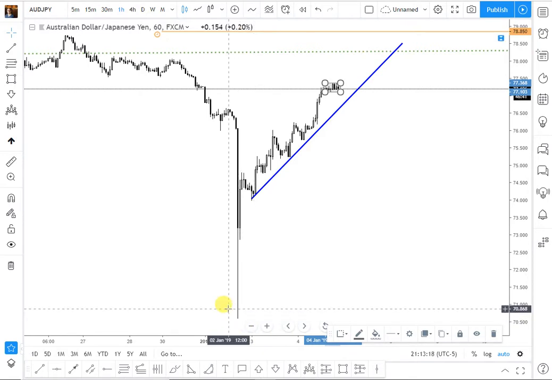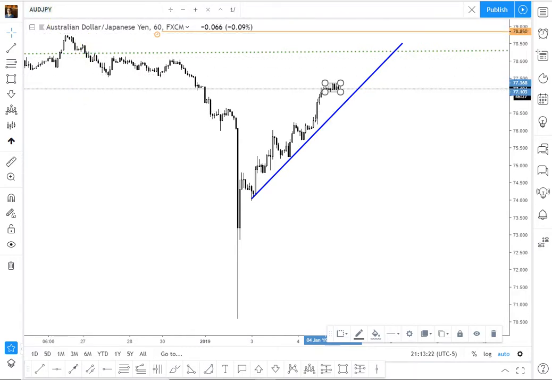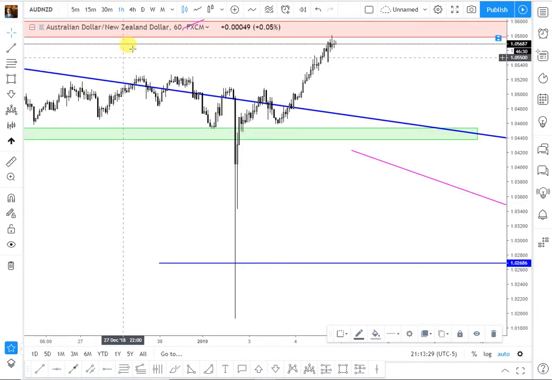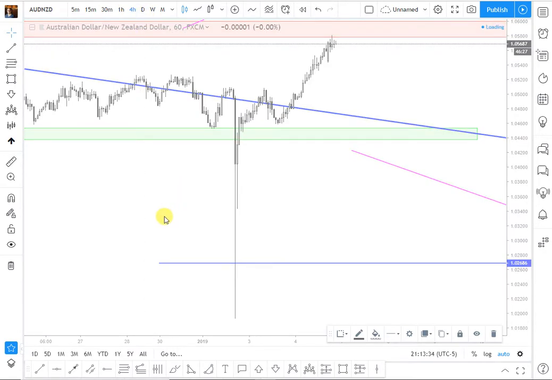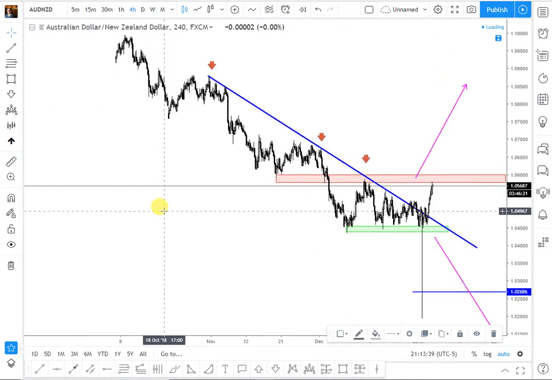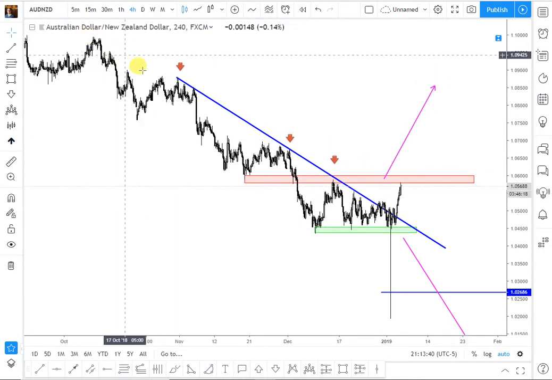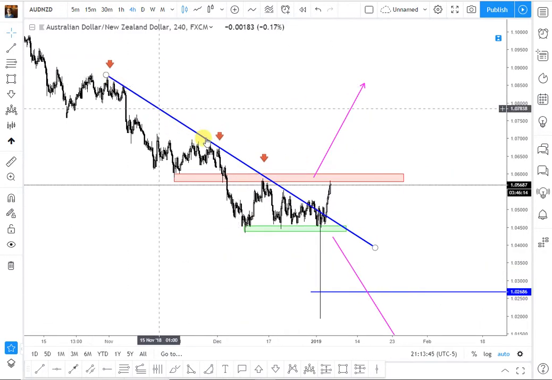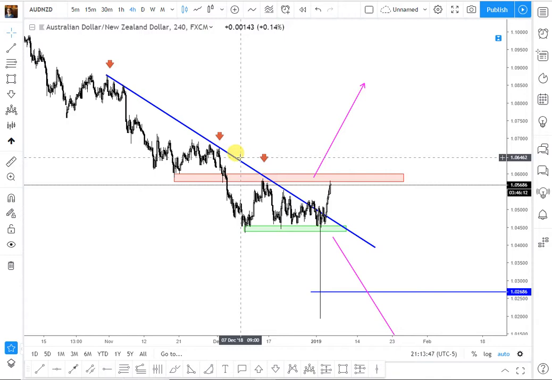And now we will switch to AUD New Zealand dollar, with the 4-hour time frame. Okay, here we go. In the 4-hour time frame, we notice that the price keeps going down, and we have this resistance line.